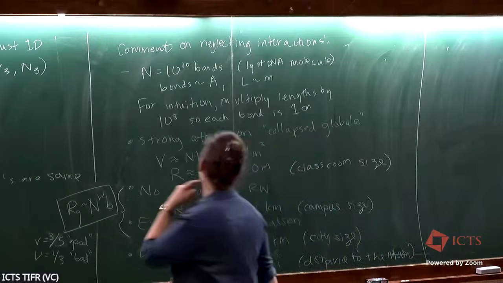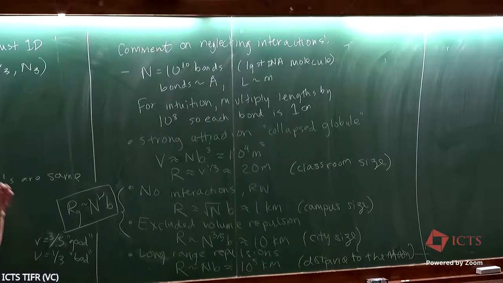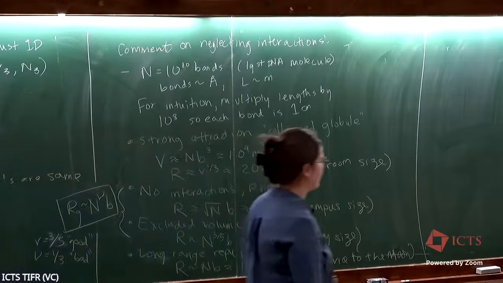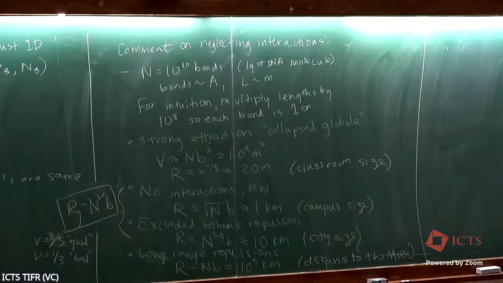These I'm just introducing as facts, but those calculations are much more involved. Yes, they're called self-avoiding random walks, and they involve a much more elaborate counting argument, essentially.